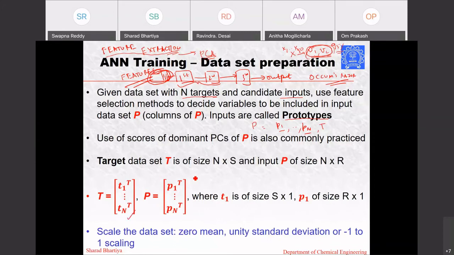The target need not be scalar. It could be a vector. One thing will be very clear: the number of neurons in the last layer should correspond to the size of the target. If the target is just one, then there is one neuron, because that is the output of the neural network. If my targets are five, then I should have five neurons in the last layer. That is not the choice of a designer, but gets determined by the targets.